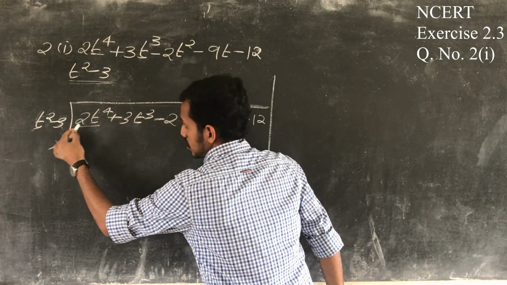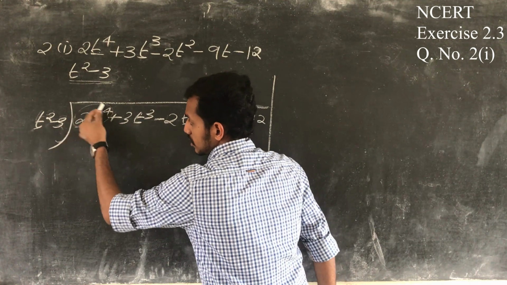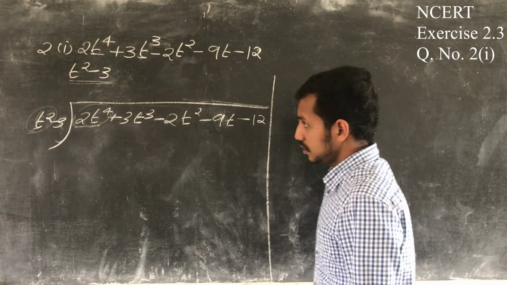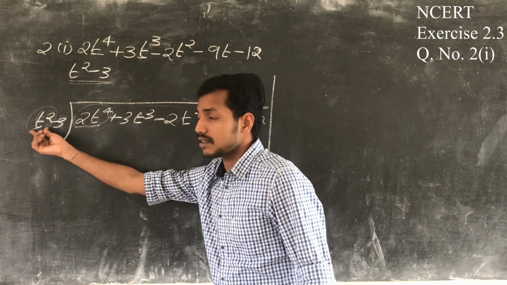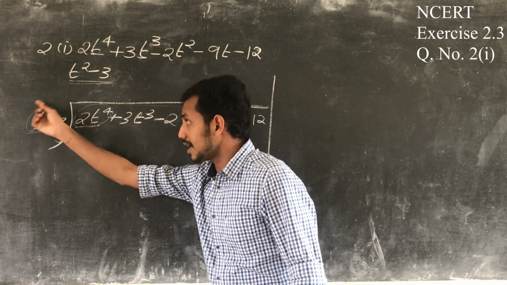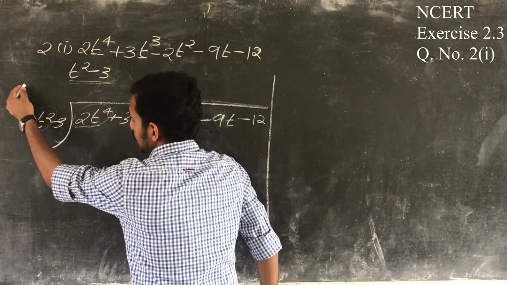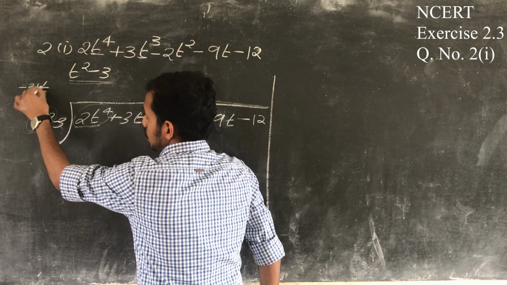This is the term with the highest power. So divide this by the first term of the divisor. Sorry, divisor. The first term is the term with the highest power. Sometimes it will be given like this, minus 3 plus t square.